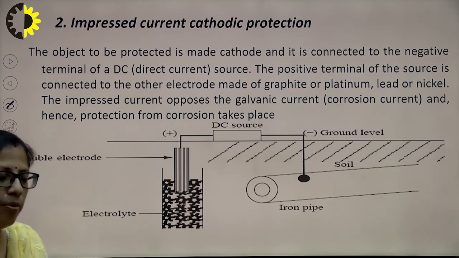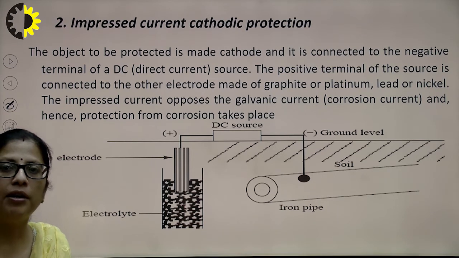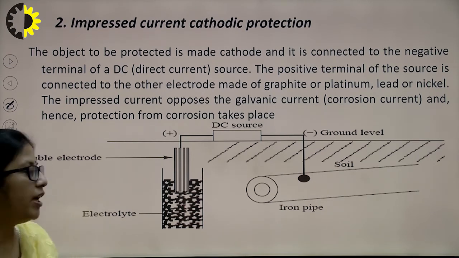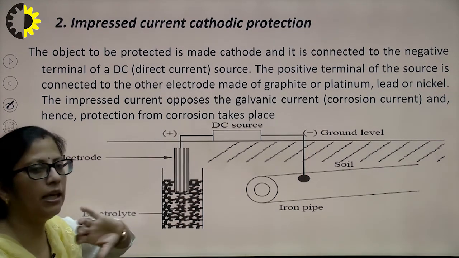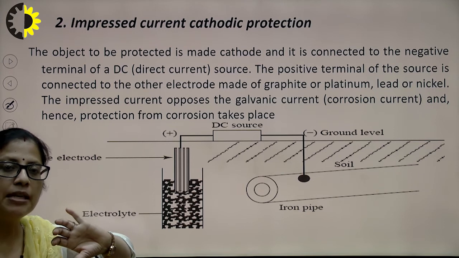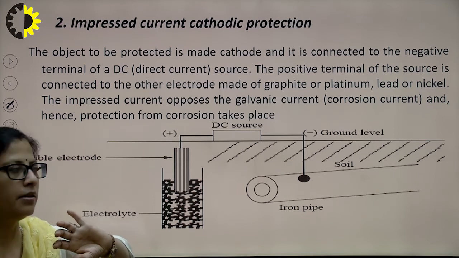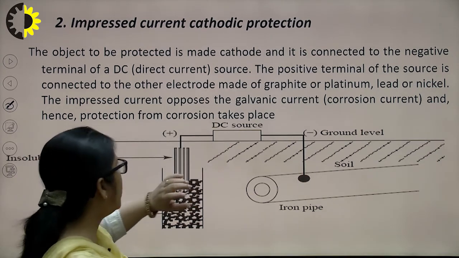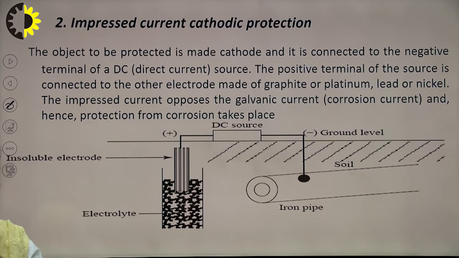And this type of protection method is used for large buried structures to prevent them from corrosion. So, we are impressing a current which is going to oppose the galvanic current. That means impressed means that it is applied in the opposite direction to the galvanic current, which is the corrosion current, and hence we are going to protect the metal from corrosion.